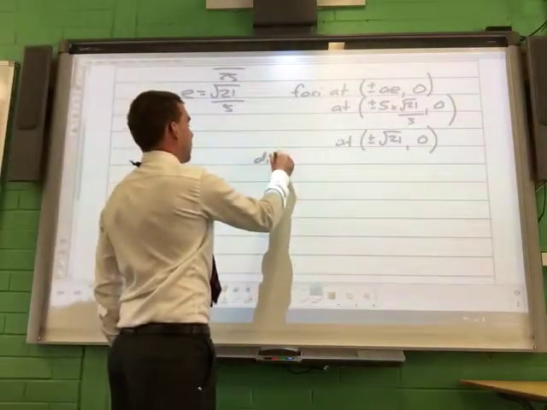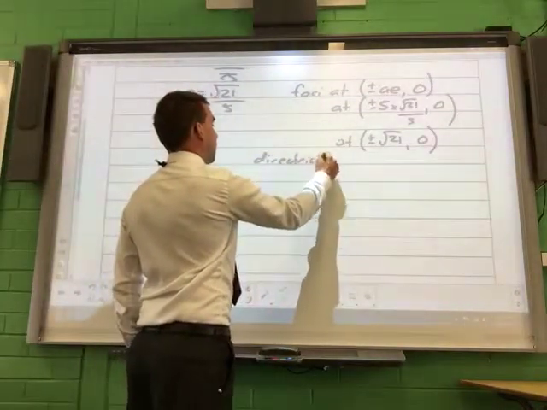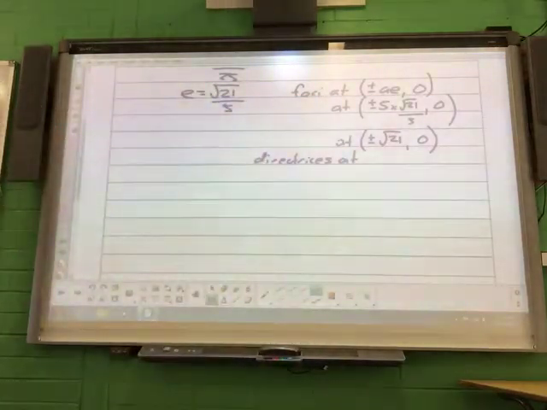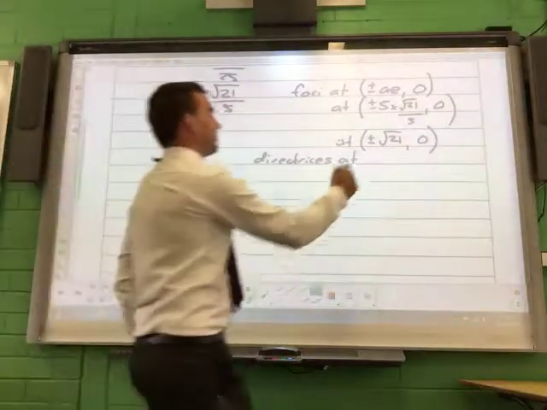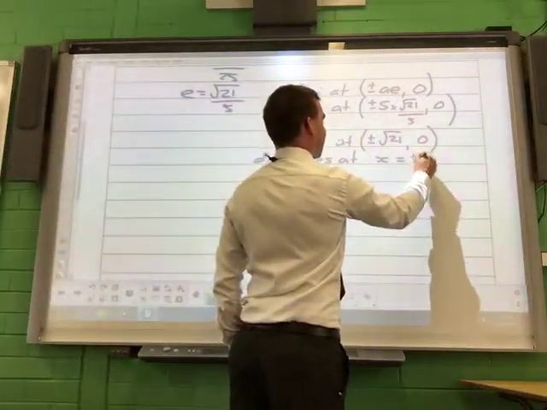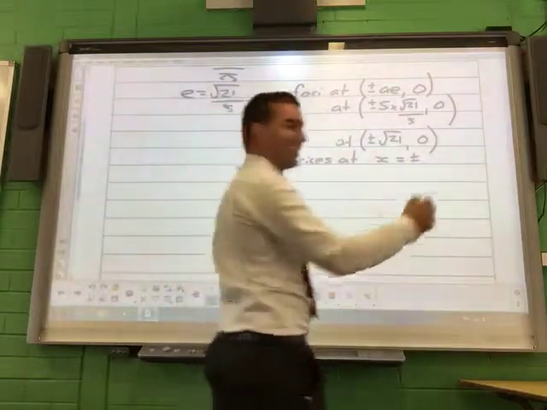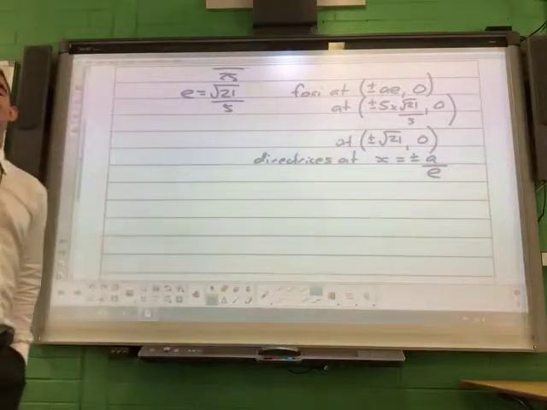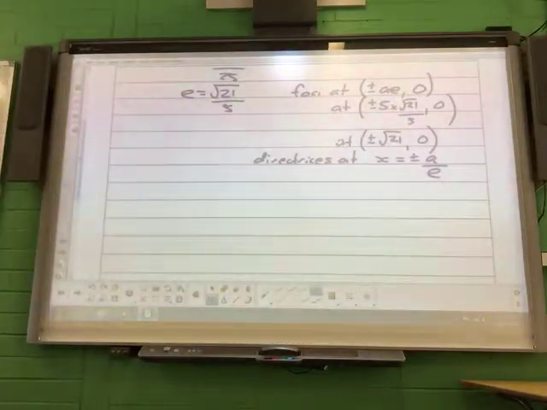Alright. What was the general format of the directrices? Well, there's a difference. If you are dividing by a number that's less than 1, your answer will be greater than the value for A. Which makes sense because the directrix is outside the ellipse.